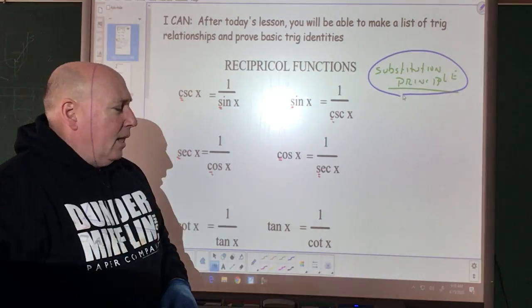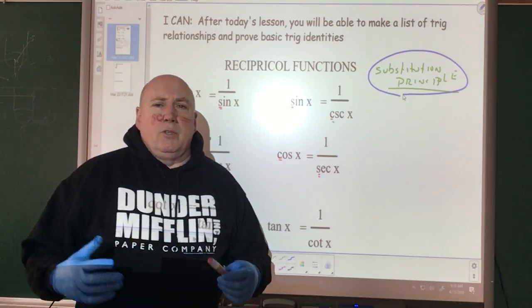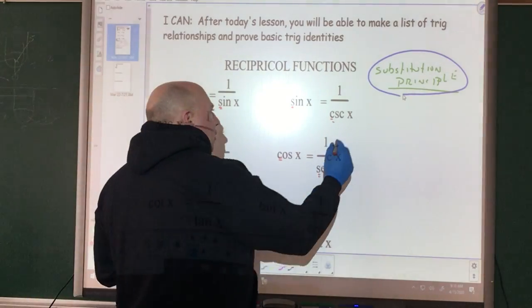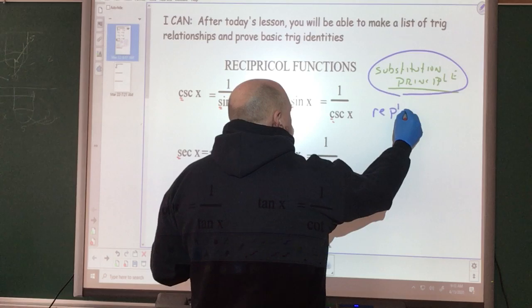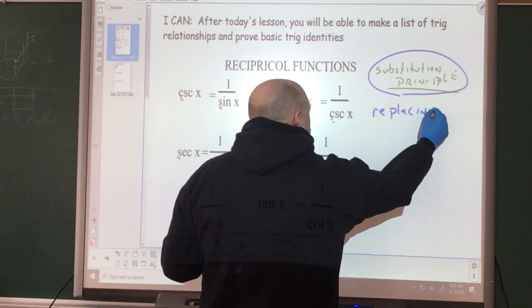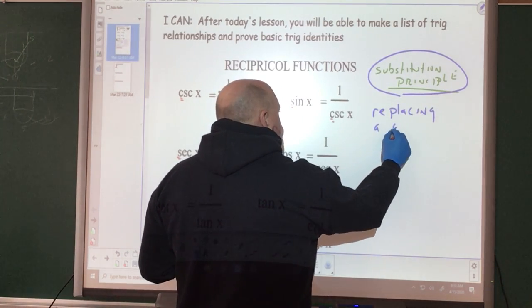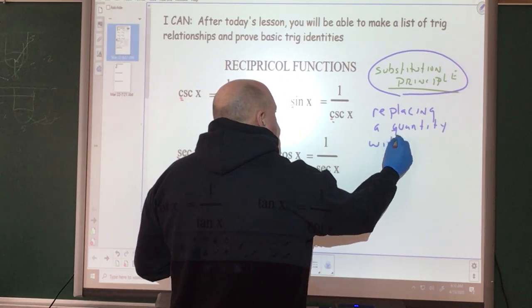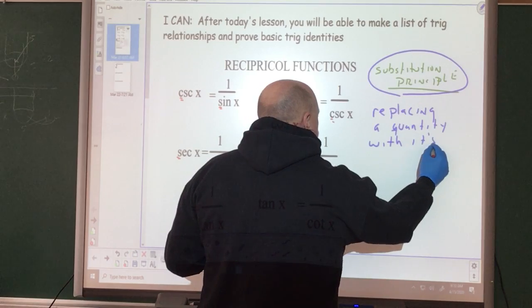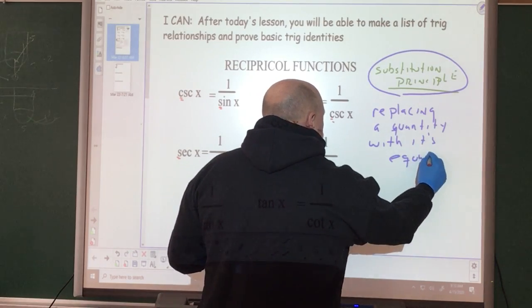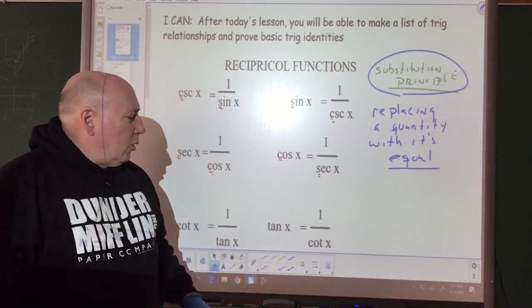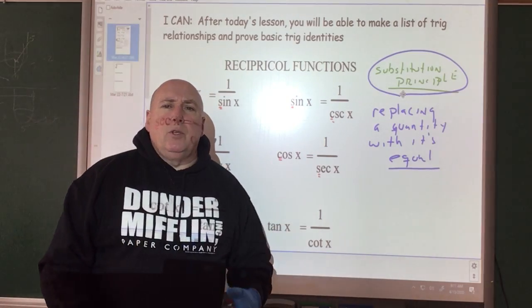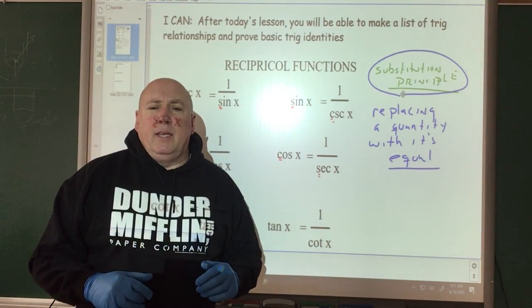That is the main idea that we will be utilizing, which is replacing a quantity with its equal. You're replacing a quantity with what it is equal to. And that is how we prove trig identities.